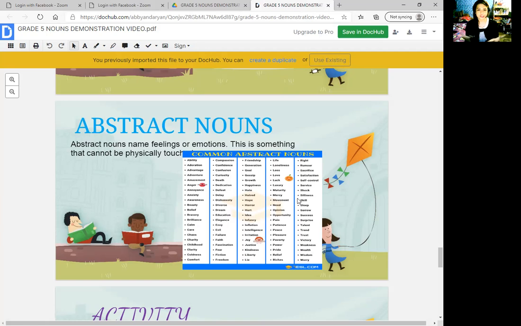I have the compassion in sharing with you guys the different kinds of nouns. So these are exactly the two abstract nouns that describe what I am feeling right now. I'm pretty sure that all of you are familiar with abstract nouns. So we will now proceed with our next activity about abstract nouns.